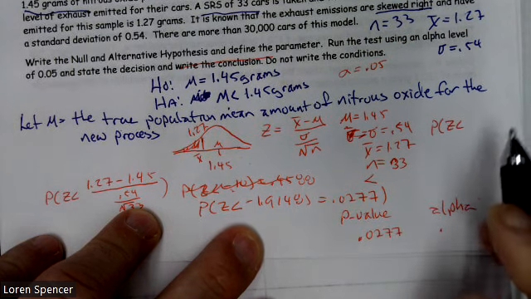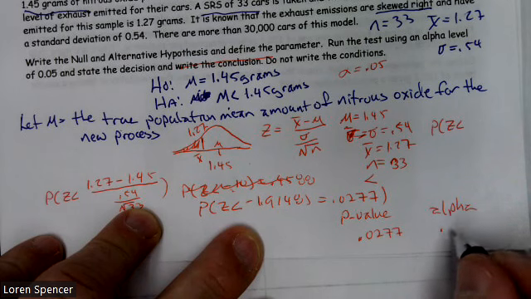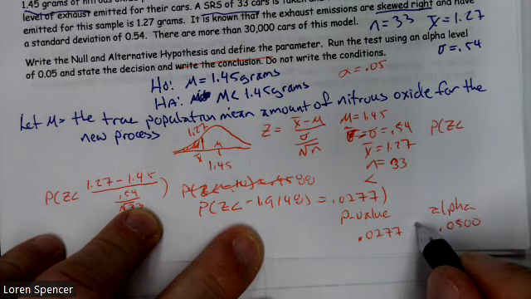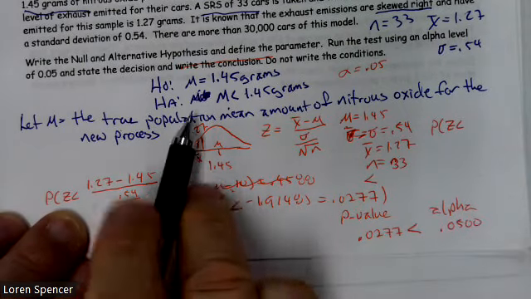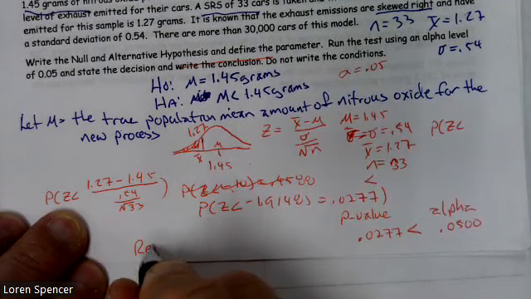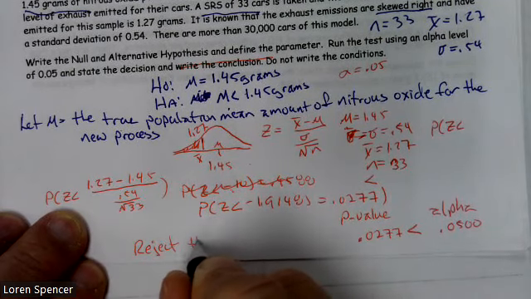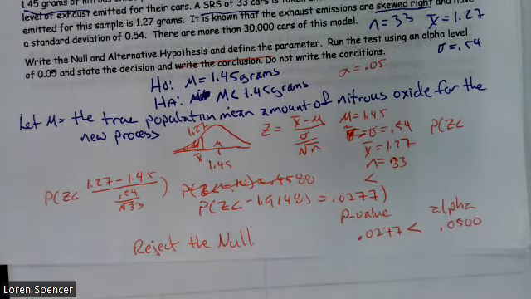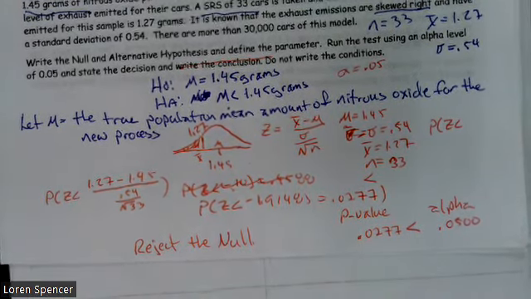Our alpha, they said, was 0.05. This is less. So we're going to reject the null. All right, so our decision is to reject the null.